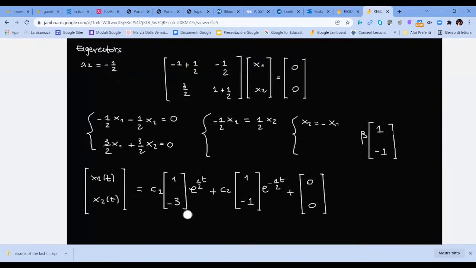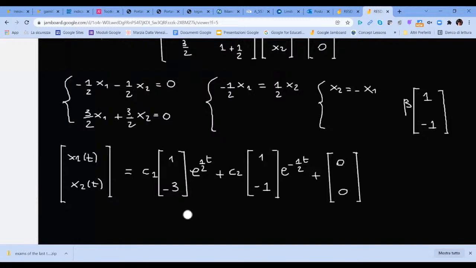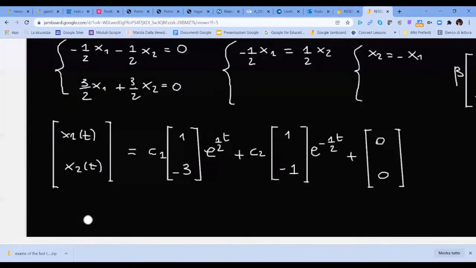The steady state is 0, which means that we should have the limit for t approaching infinity of this vector x equal to 0, 0.